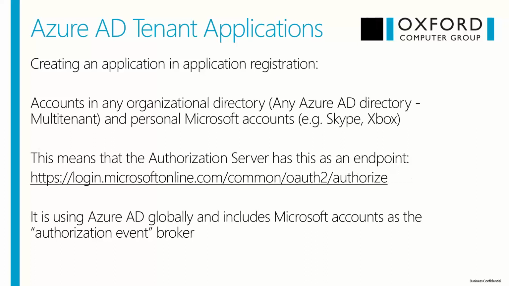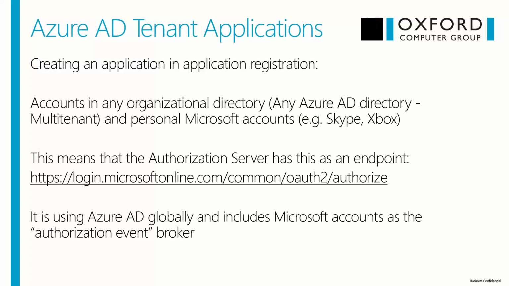If you create an account in an organizational directory and personal accounts, this is the endpoint that you're going to. This is the authorization server endpoint. You're going to the common endpoint. This joins those two different account environments together. So if you go here and you put an Azure AD domain in your login, then it knows to go to the other tenant to log in.